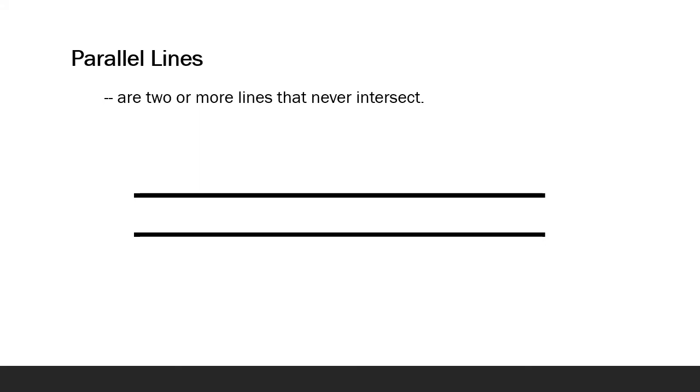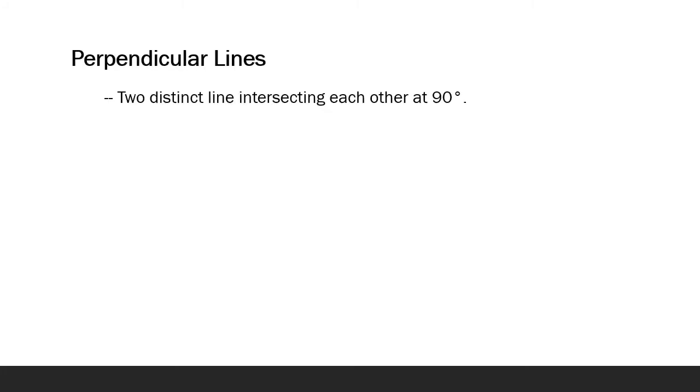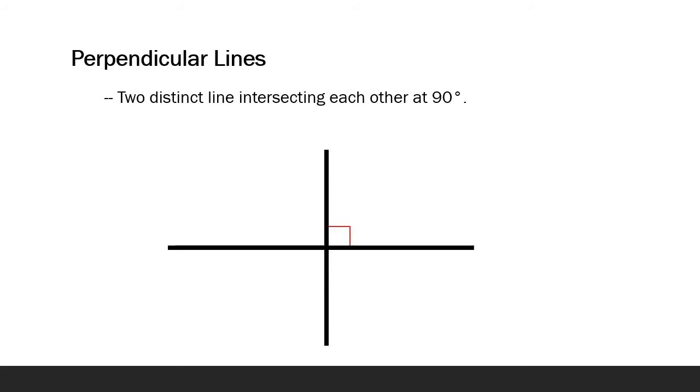Next, we have what we call perpendicular lines. Perpendicular lines are two distinct lines intersecting each other at 90 degrees. So what is 90 degrees? We can say that 90 degrees is a perfect angle.